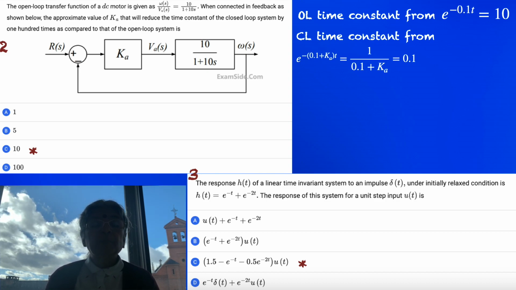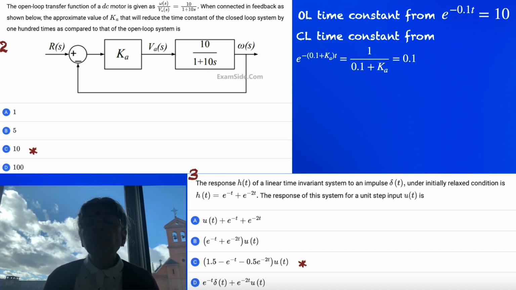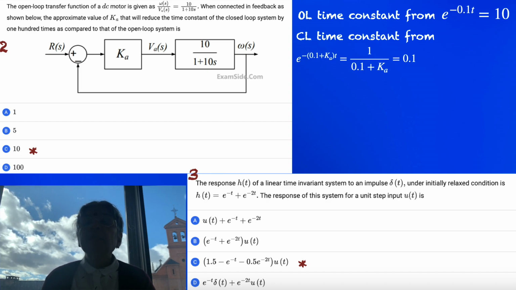Of course, with the multiplication of K, but the time constant appears as the reciprocal of the coefficient of t here. Because it is minus, it means that it's a decaying term. So we are having 10 as the time constant.